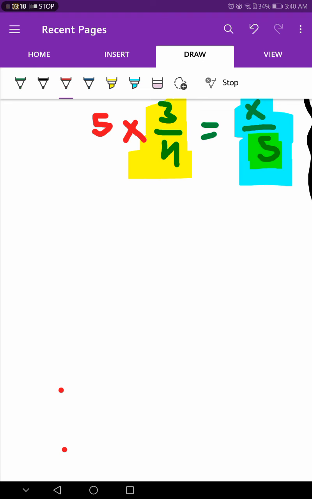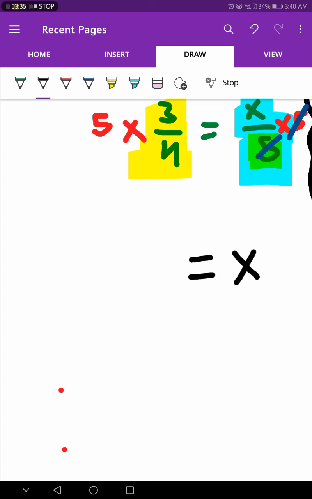What we do on the left, we have to do on the right. Why do I multiply left and right by 5? Yes, great. To eliminate the 5 on the right side and make the x alone. Very good.